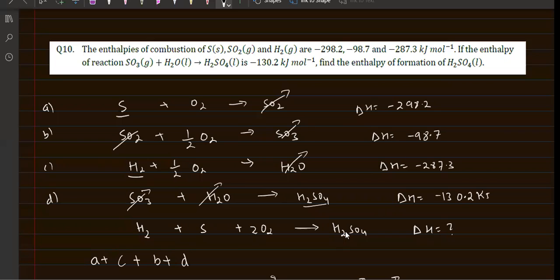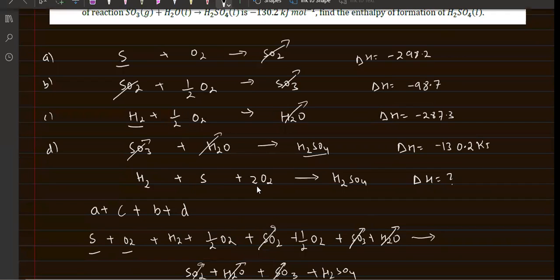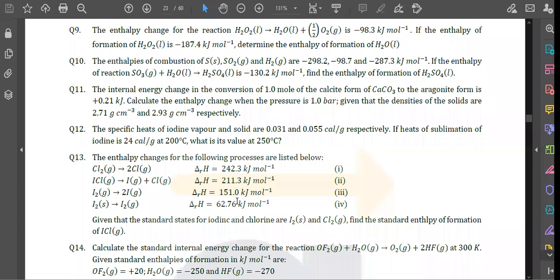For example, H2SO4 is made from hydrogen, sulfur and oxygen. Just take them in elementary state: hydrogen will be gas, sulfur will be solid, and O2 is definitely gas. Okay, everyone?